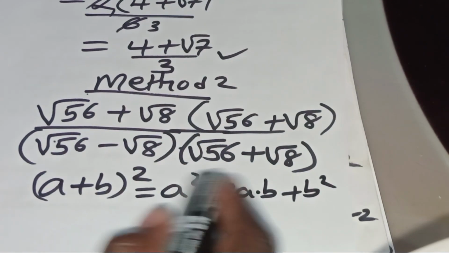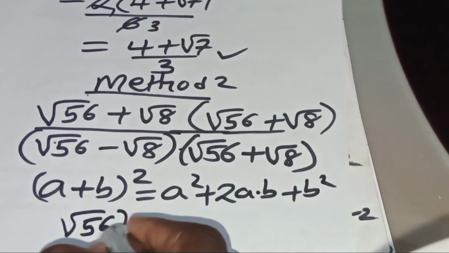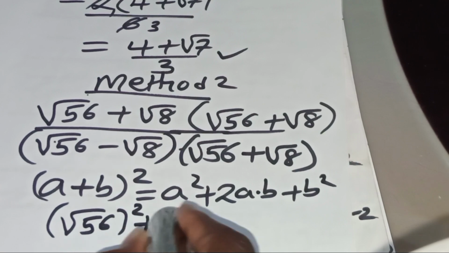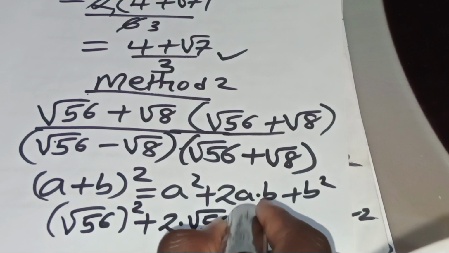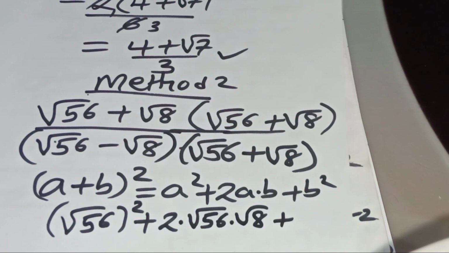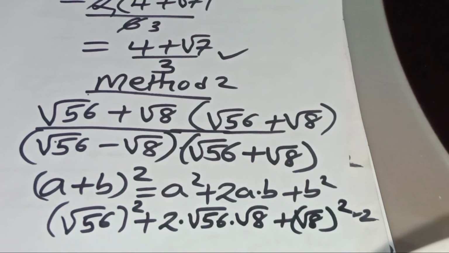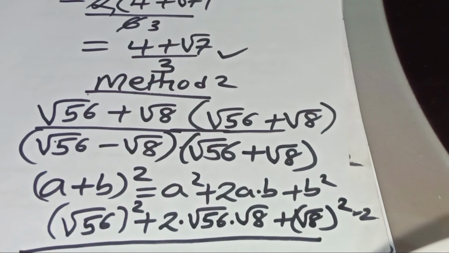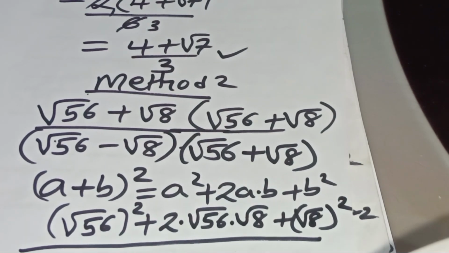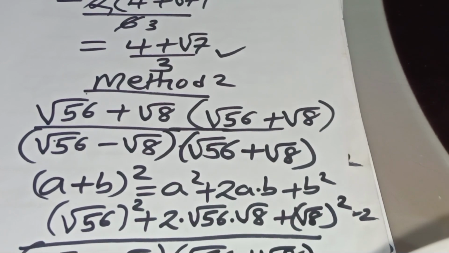So in our case here, in the numerator part, we'll have the square root of 56 raised to power 2 plus 2 multiplied by the square root of 56 multiplied by the square root of 8 plus the square root of 8 squared, divided by the denominator, which is the square root of 56 subtract the square root of 8 multiplied by the square root of 56 plus the square root of 8.